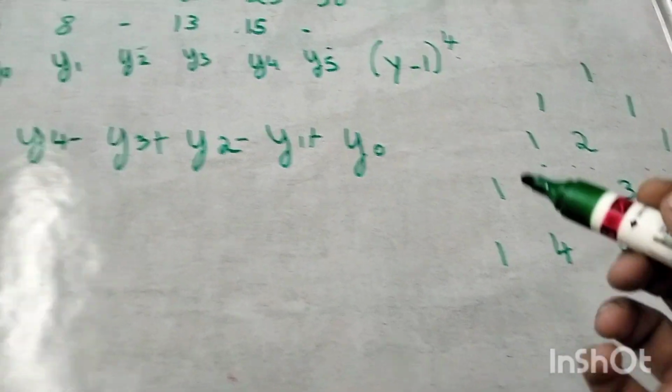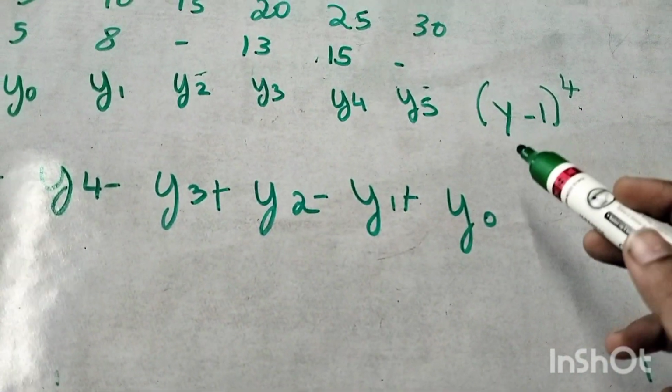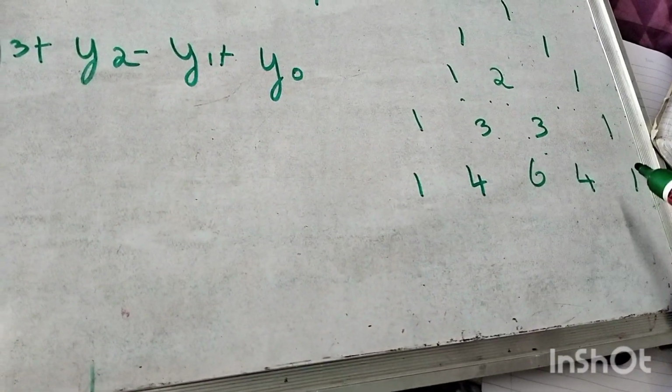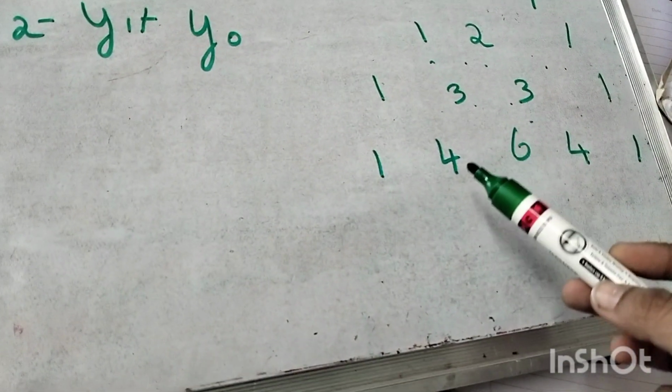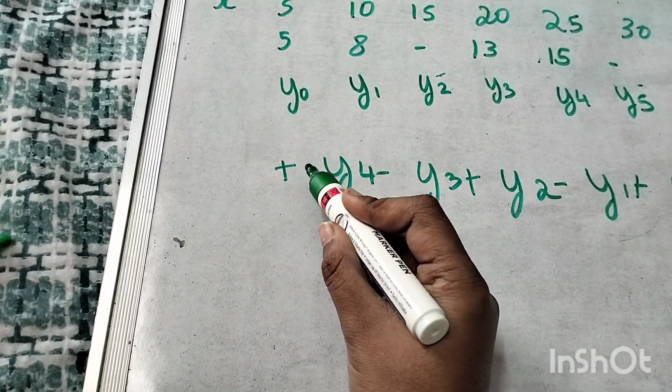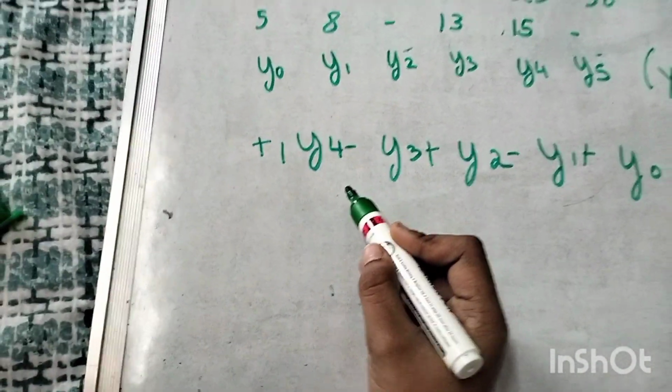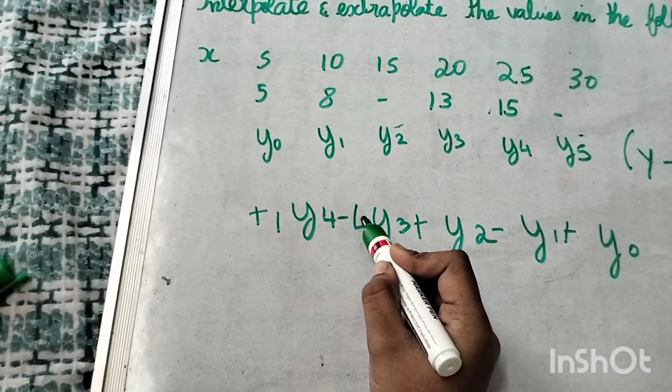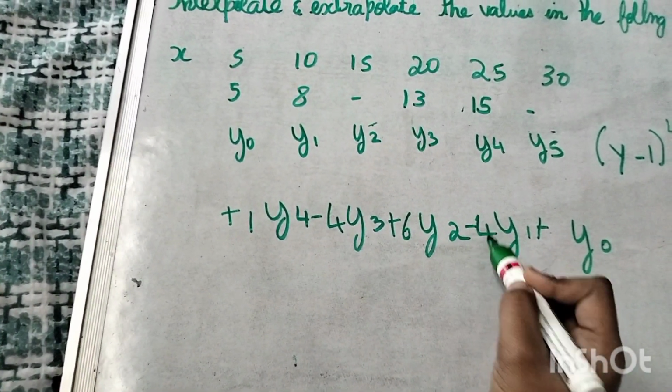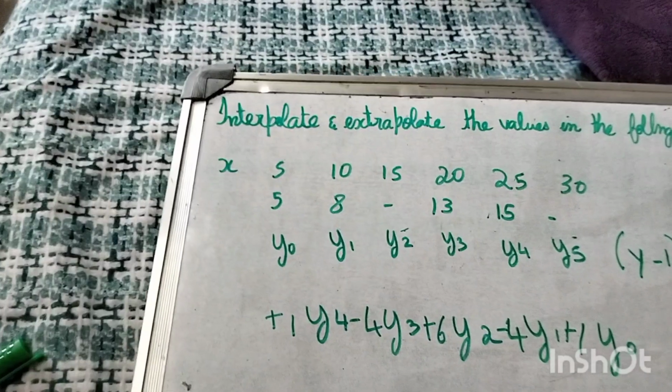Okay, so since we've written (y minus 1) to the power of 4, you write it till the fourth row, and then you write all these numbers as they are: 1, 4, 6, 4, 1.